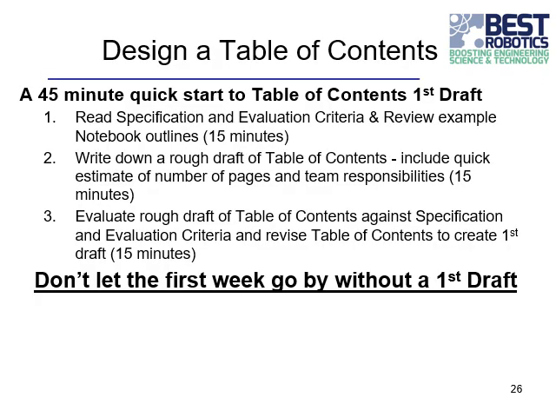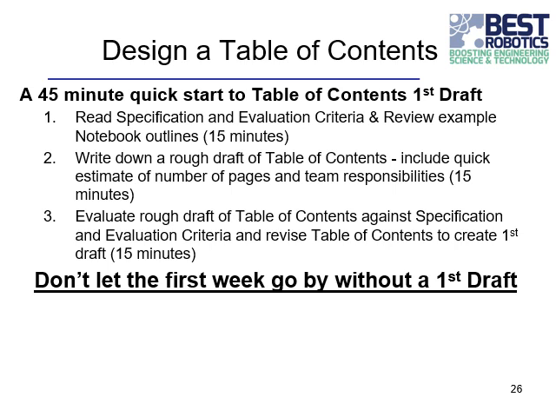So I suggest you quickly, after reviewing this training, come up with 45 minutes to do a quick start to come up with a table of contents. Each one of the 3 items here is 15 minutes, so going back and looking at those specification and evaluation we looked at, come up with a rough draft.